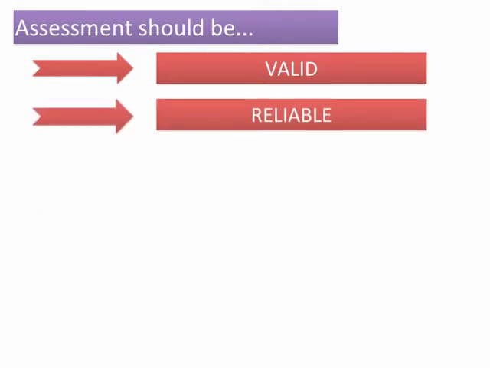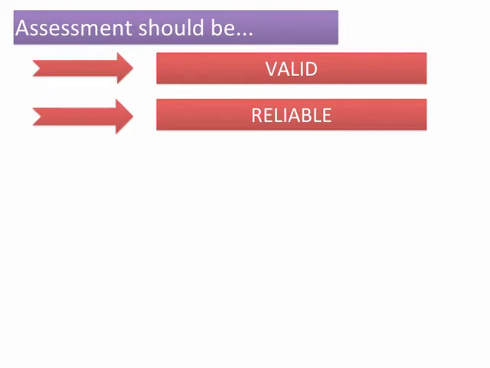Assessment should be reliable. By this we mean that if an assessment is reliable, it should be very clear to the students and to other markers what it is you're looking for in terms of an assessment outcome. And if the assessment pieces are shared and they are reliable, you'll find that all of the people involved in the marking process will more or less come to the same agreement about standards and about the marks that should be awarded.